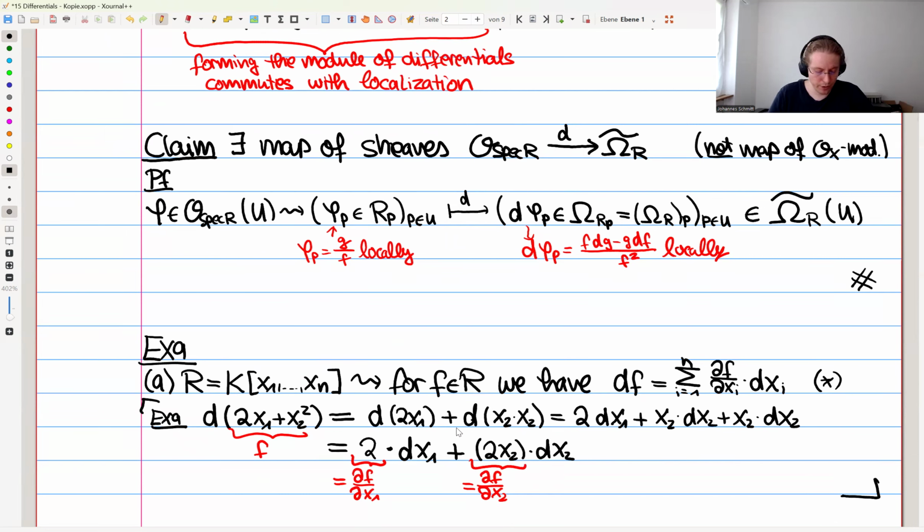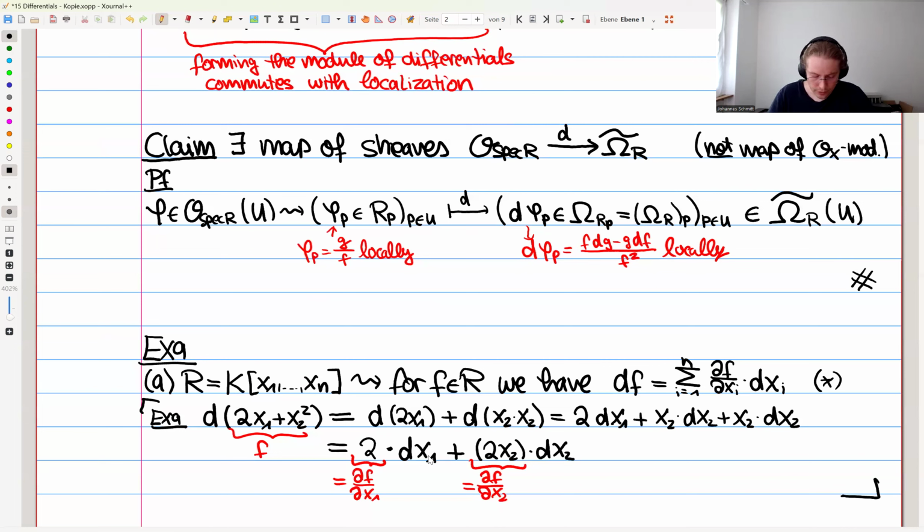And you can just imagine if you have an arbitrarily complicated polynomial, you just apply these sum and product rules as many times as necessary to basically calculate this total differential. And then you see that the only things that remain, once you have no longer any product, are some monomials of degree 1, so just these coordinate functions, and the coefficients that you got in these rules are exactly the partial derivatives.